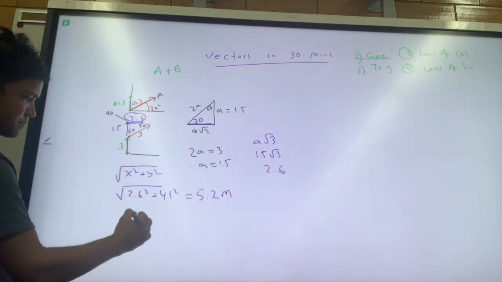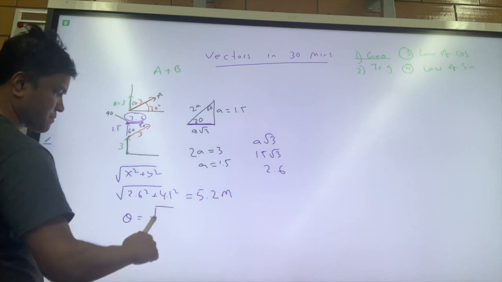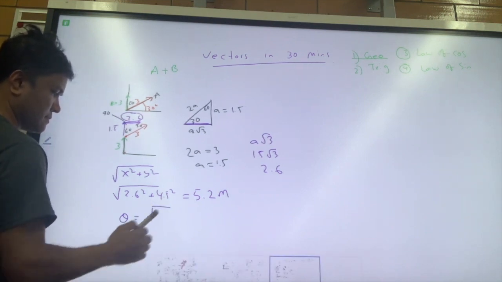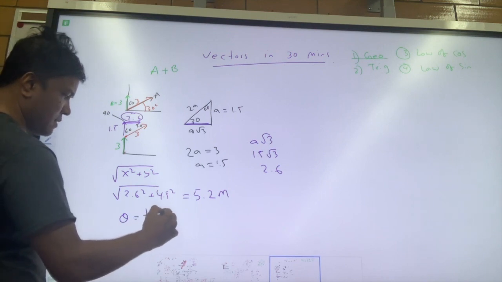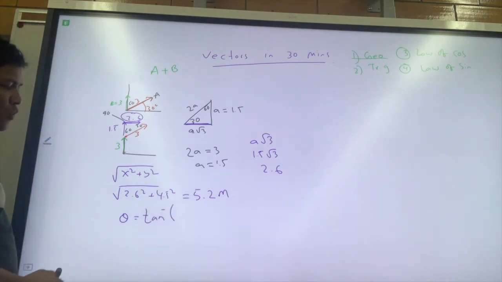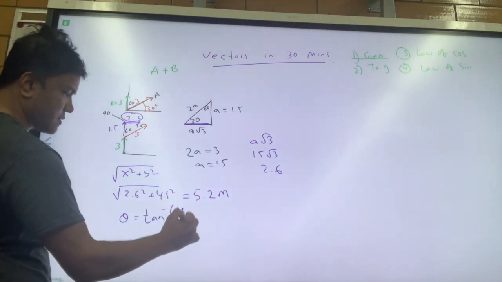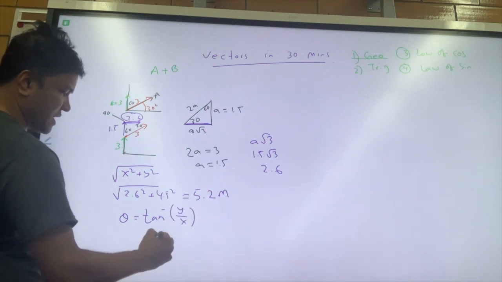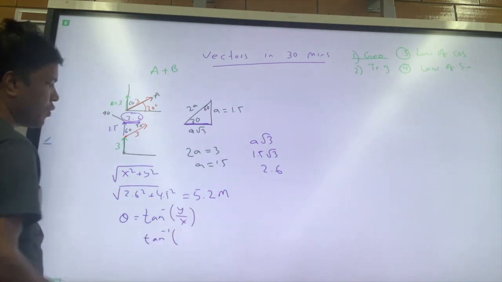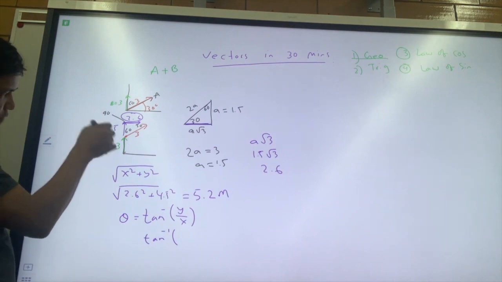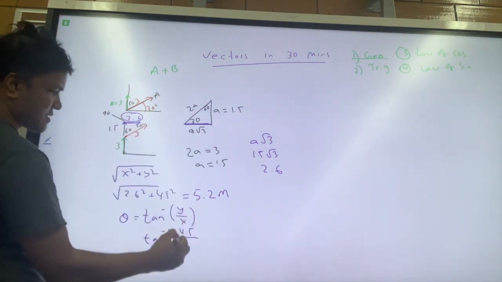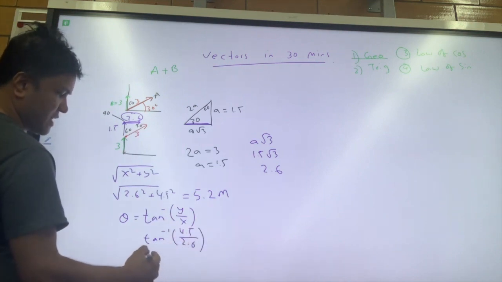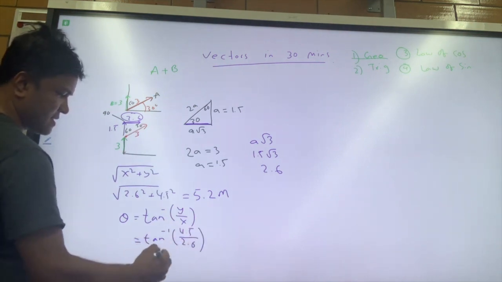And the angle is tangent y over x. So tangent, y is 4.5, x is 2.6. So the angle is 60 degrees.